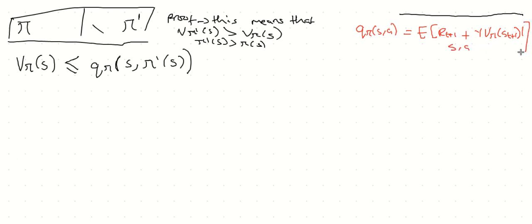This is essentially what we have, given s comma a. I'm just writing it roughly. I'm going to write it again over here for more clarity, but just try to keep this in mind.